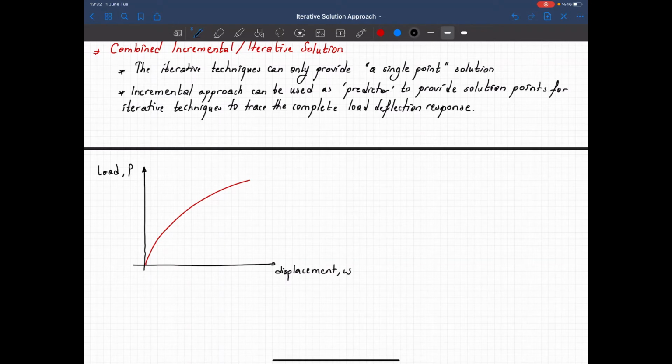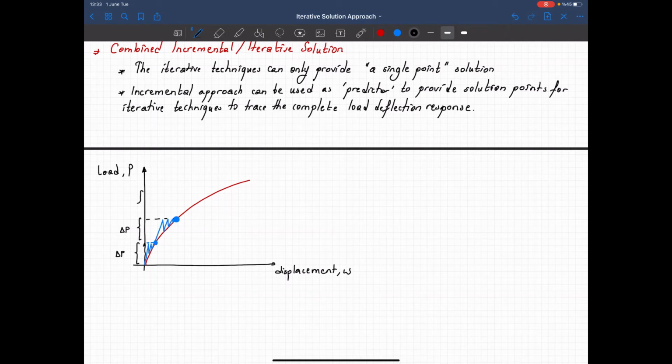So what I do is I give an incremental load, a delta P, and then I will do iterations and converge to my first solution point, and then I give another load increment, delta P. By using again an iterative technique, I do my iterations and converge to the second equilibrium point.